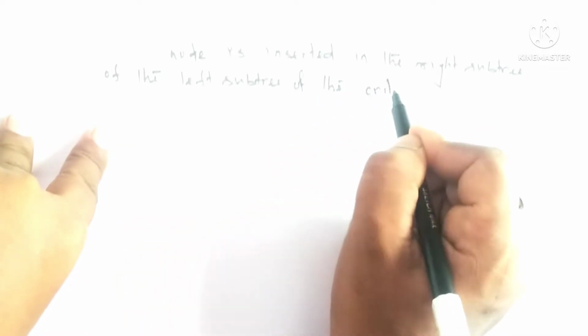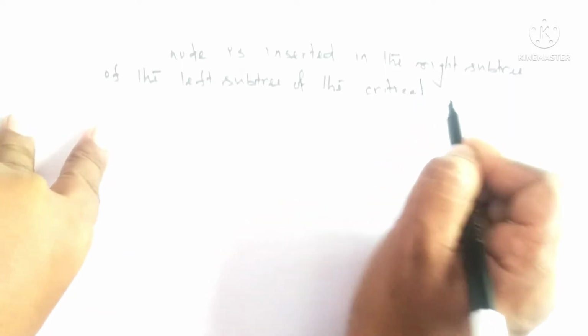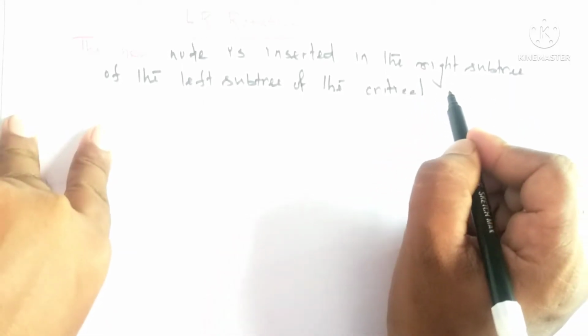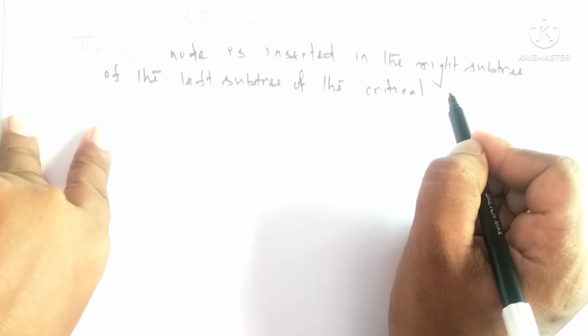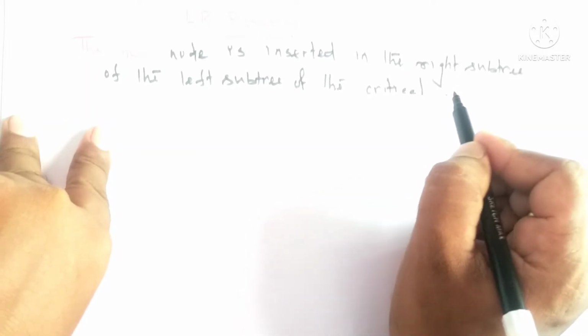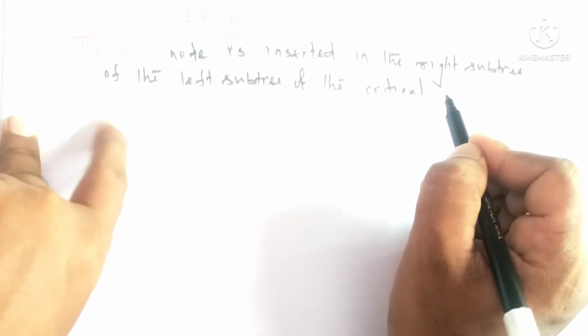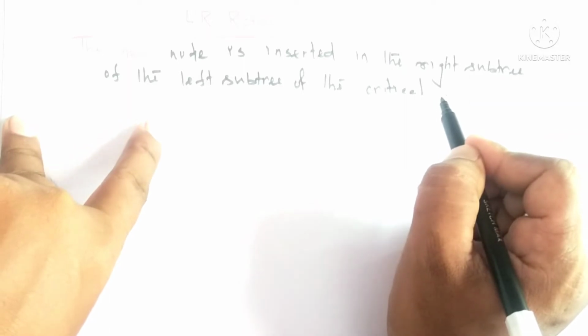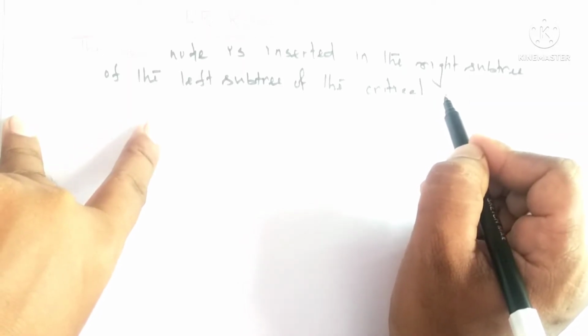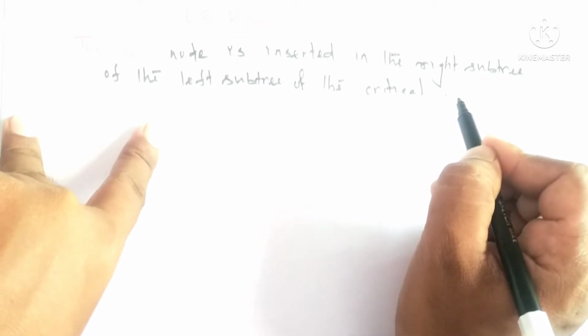What is the critical node? The critical node is the one whose balance factor is beyond the range, that is -1 to +1 through 0. A node is said to be critical if its balance factor is not lying in the range -1 to +1 through 0.